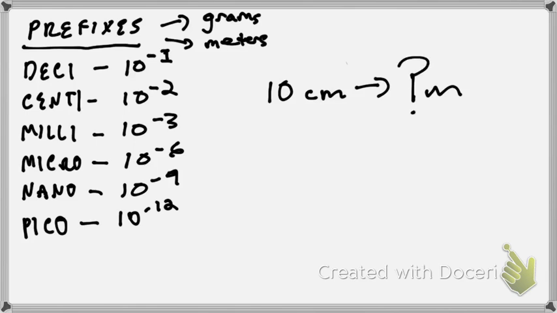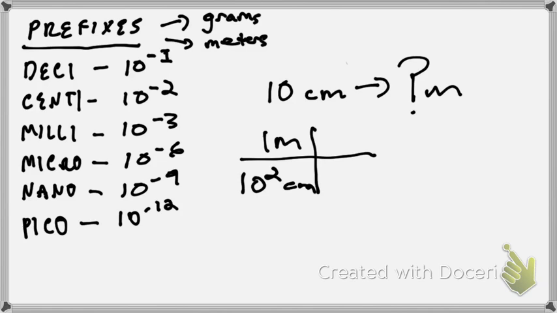Well, the first thing we need to know is how much is 1 meter in terms of centimeters. 1 meter is centi, so 10 to the negative 2, meaning that there are 10 to the second power centimeters in 1 meter.